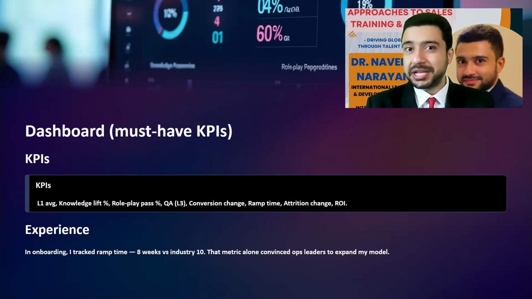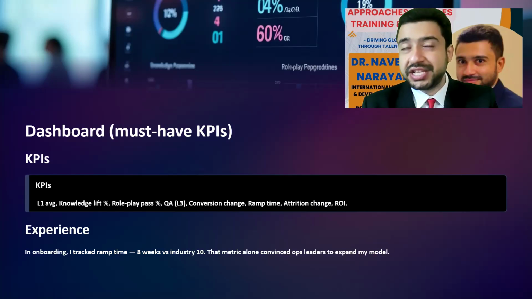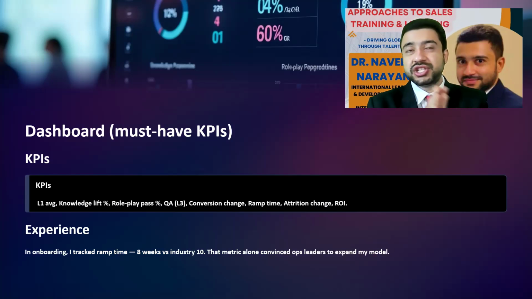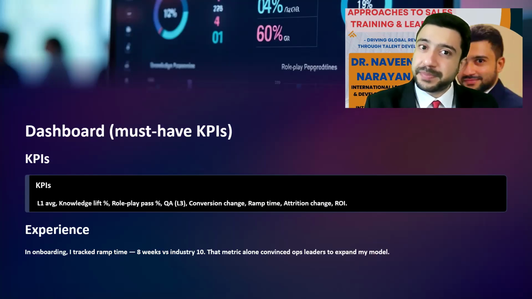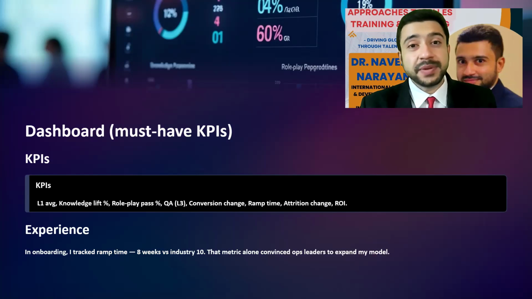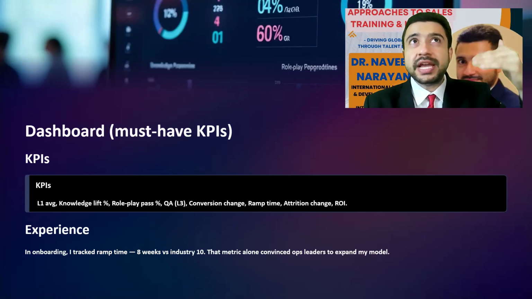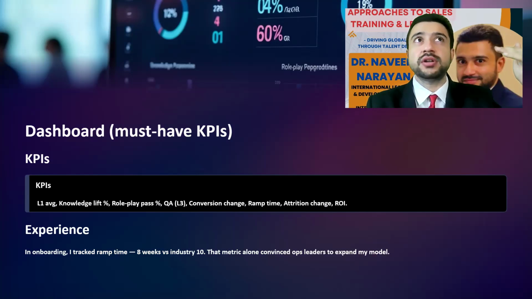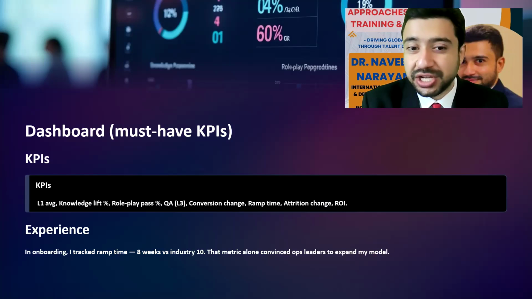Then quality assurance, that is L3, which should again be higher. Then conversion change, how the conversions are changing: the previous 2 weeks, the previous week, and this week. We can take 2-3 weeks or 2-3 cycles and check how the conversions are changing.